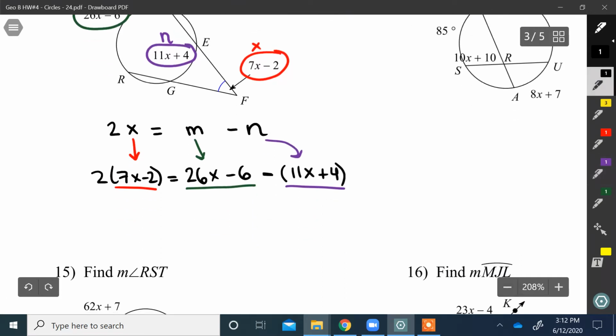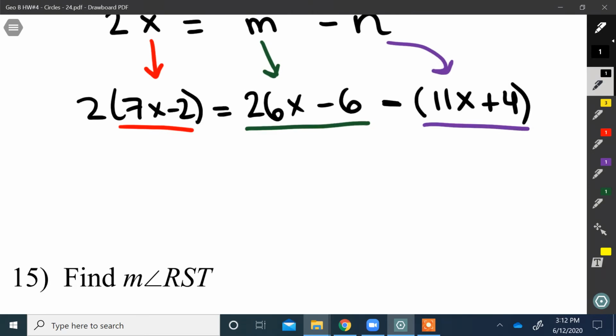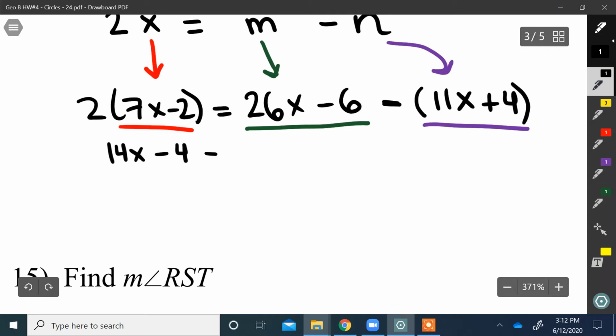Okay, so now that we have done that, let's try to solve this problem. Let's first distribute that 2. We're gonna get 14x minus 4 is equal to, now I'm going to distribute that negative, and I'm gonna get negative x minus 4.